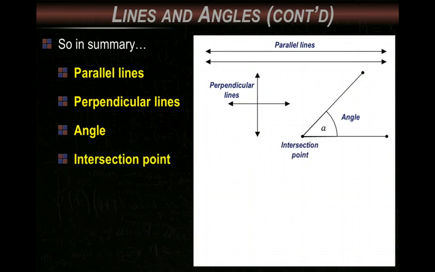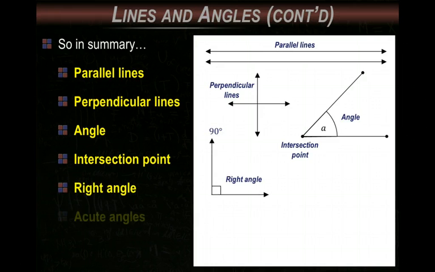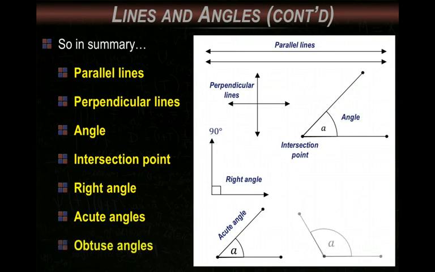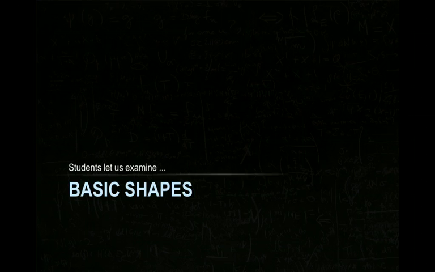It also has an intersection point between the lines. Then we have the right angle at 90 degrees. We have acute angles, which are less than 90. And we have obtuse angles, which are greater than 90. That's the summary here. These, again, were all on your diagnostic, and some of you were really lost on some of those questions. You need to know these words.